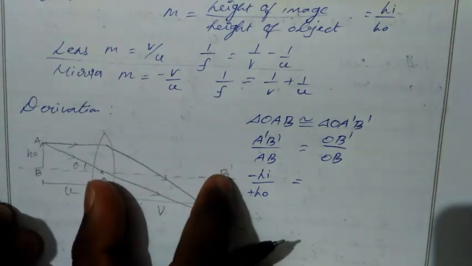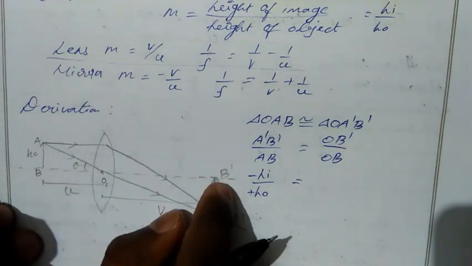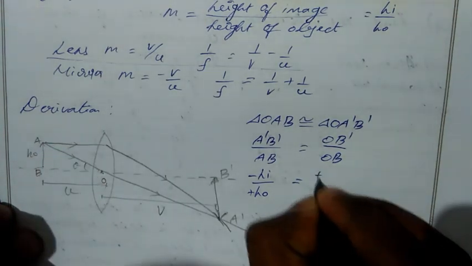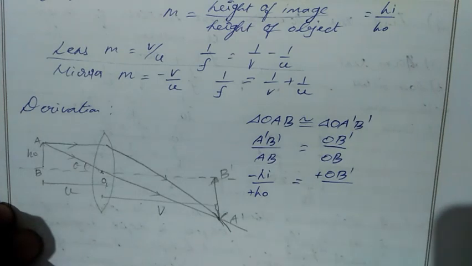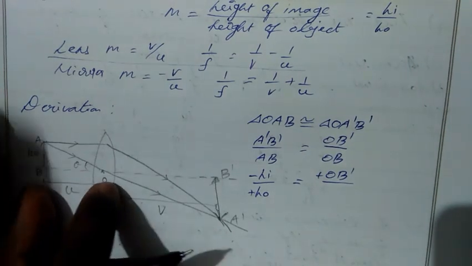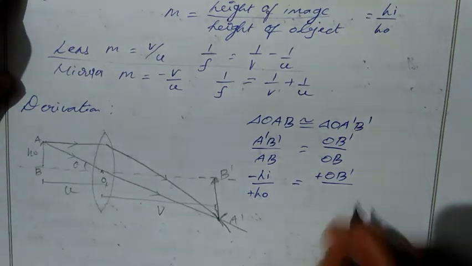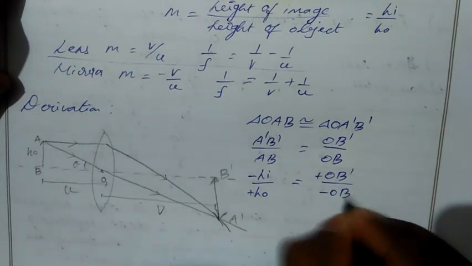OB dash is image distance, on the right side in the direction of the incident ray, so we take positive, plus OB dash divided by OB. OB is object distance, opposite to the direction of the incident ray, on the left side, so we take minus OB.